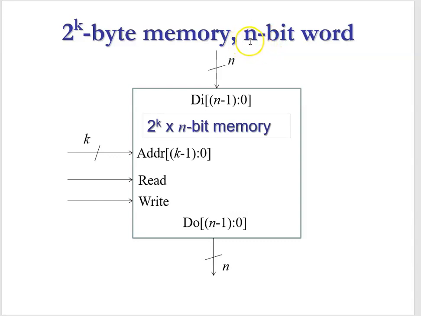If we want a 1 kilobyte memory with a 16-bit word, then 1 kilobyte is equal to 2 to the 10 bytes. The word is 16 bits, so that's going to be our n. We are going to need 16 here, but that's equal to 2 bytes.